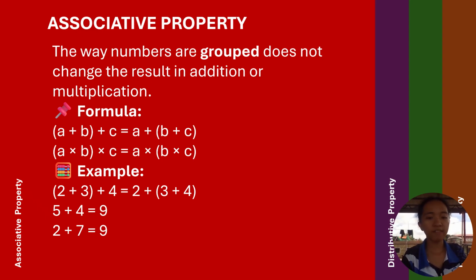For example, 2 plus 3, quantity, plus 4 is equal to 2 plus the quantity 3 plus 4. Their answer for both is 9. So 5 plus 4 is equal to 9, and 2 plus 7 is equal to 9.